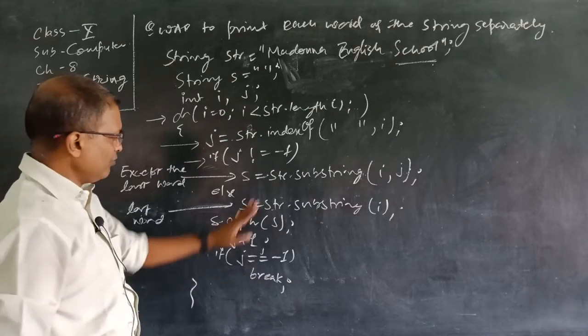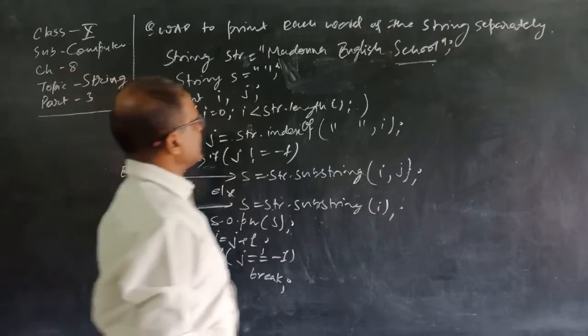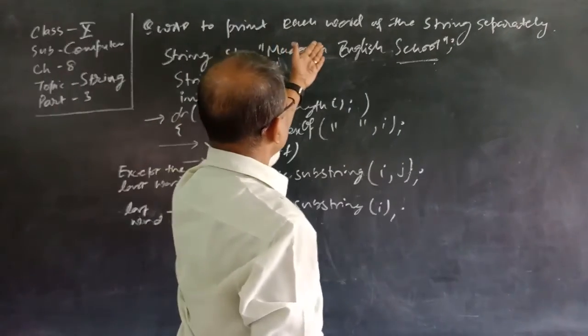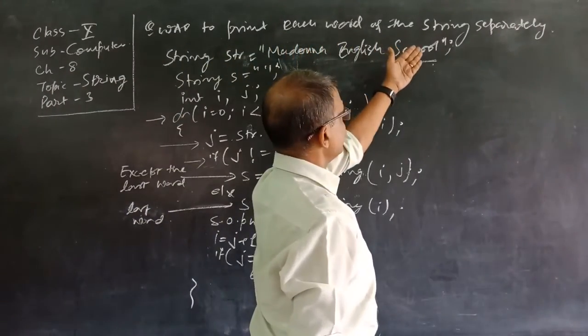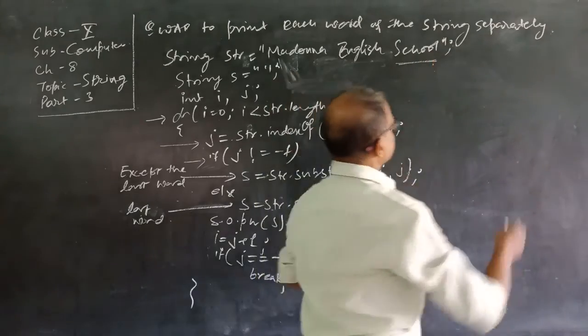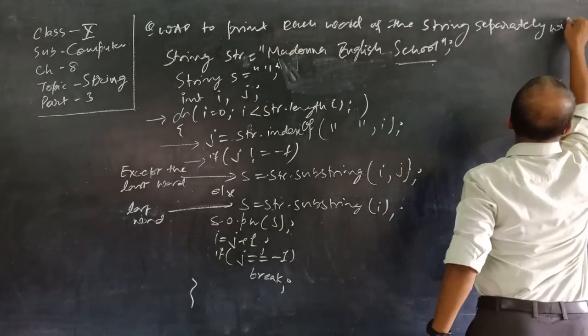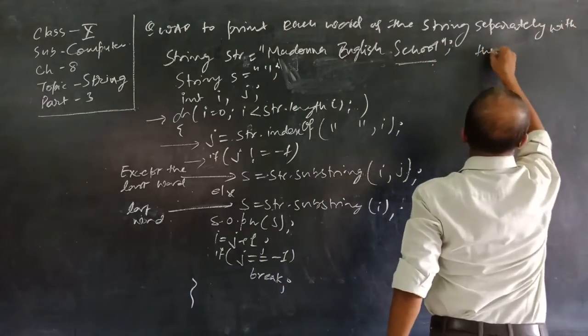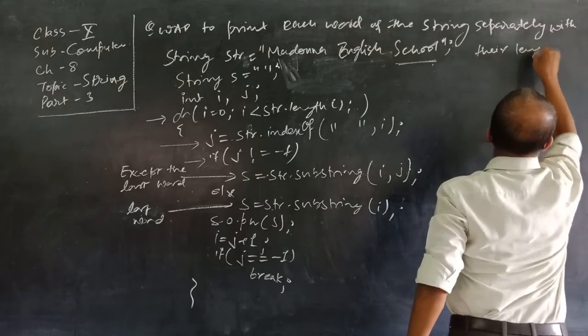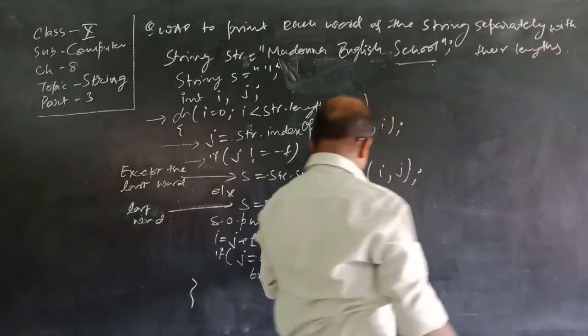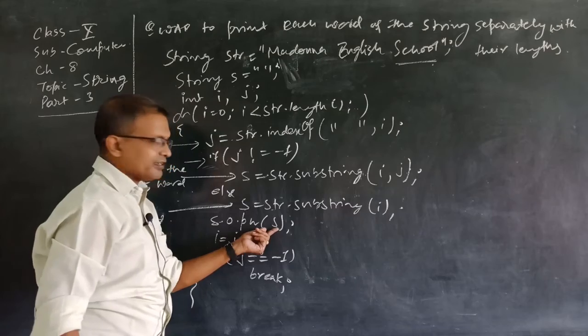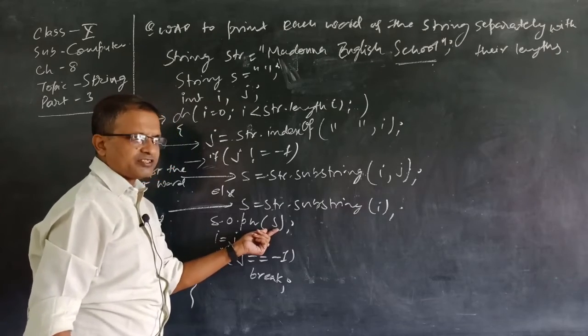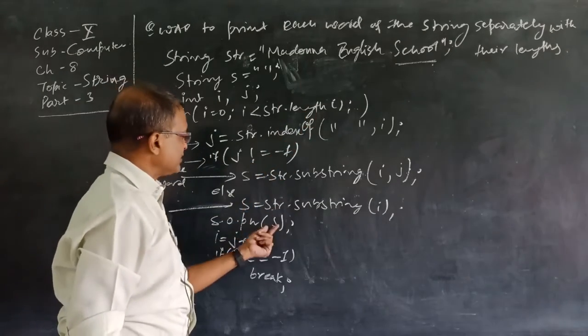Getting my point? Now the program can be extended. Write a program to print each word of the string separately with their lengths. It's very simple. As s is the word, you are going to print s here. s is also a string, and you have to print the length of this string.